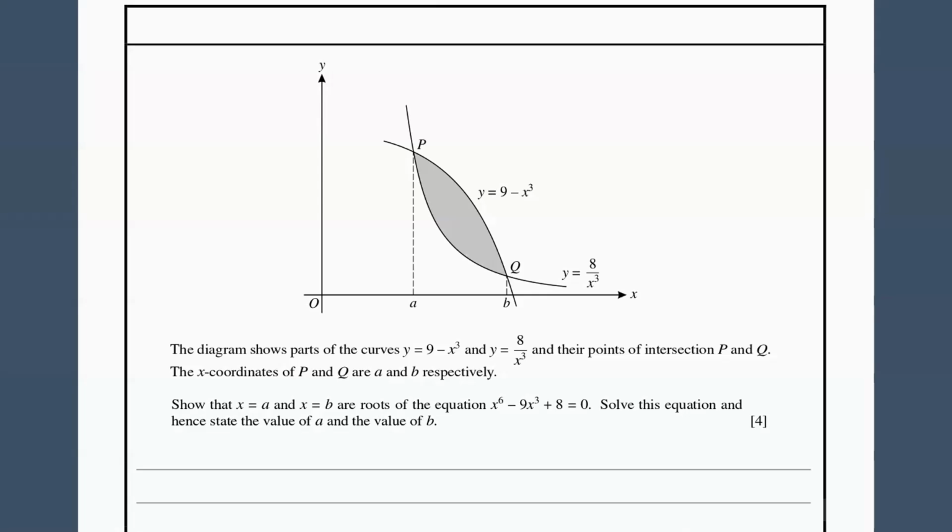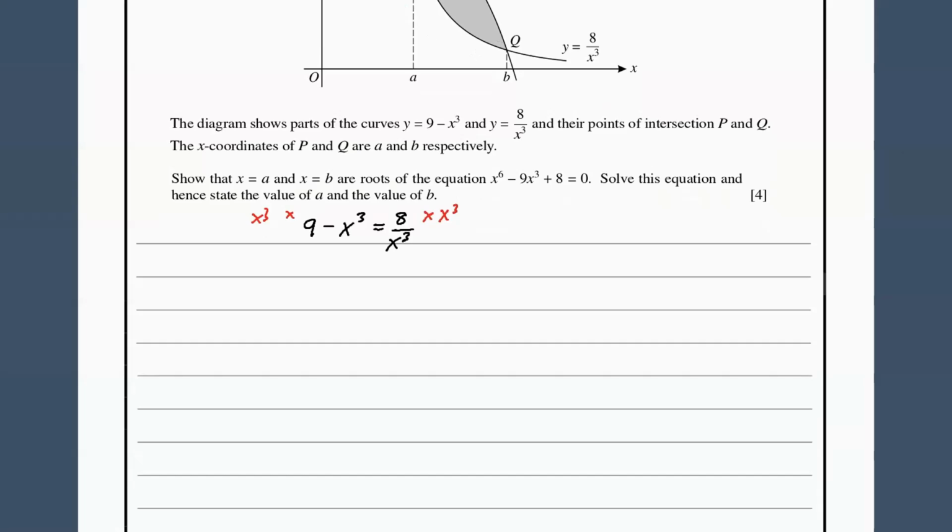Okay, so again here we have simultaneous equations, and this time it's just by equating the two. We are equating 9 minus x cubed to 8 over x cubed. So from here what I'm going to do is multiply both sides by x cubed, so that we'll be having x cubed multiplying 9 minus x cubed, and here these will cancel and we have an 8.